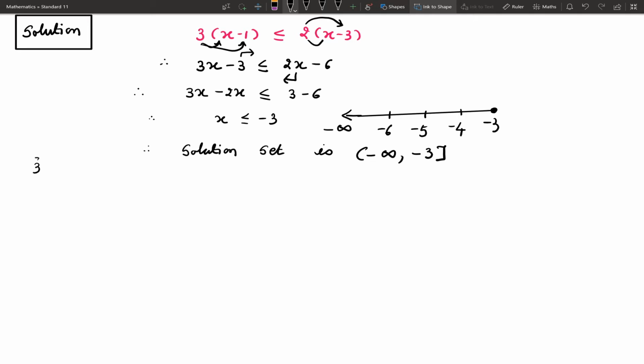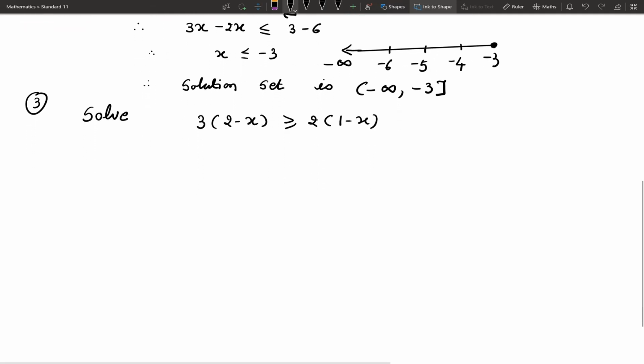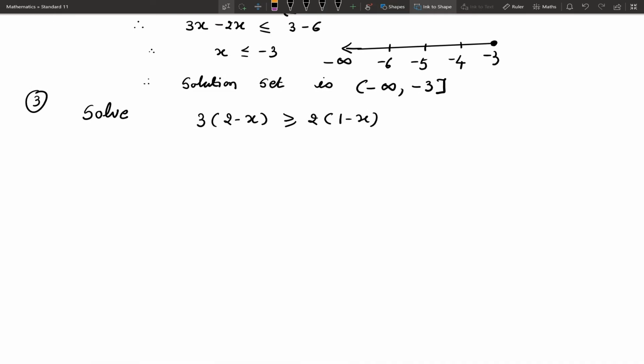Next example. Solve 3 into bracket 2 minus x greater than or equal to 2 into 1 minus x. So first we simplify this. Solution.